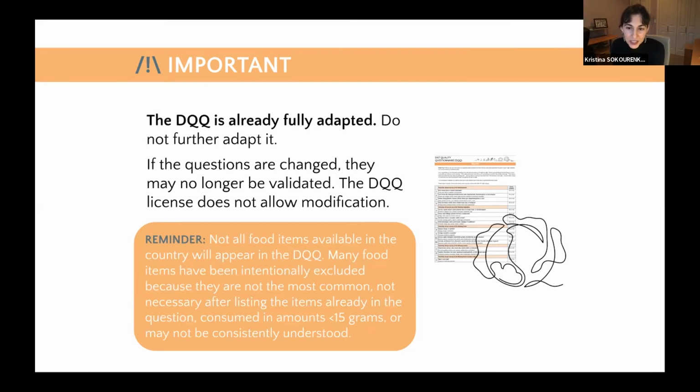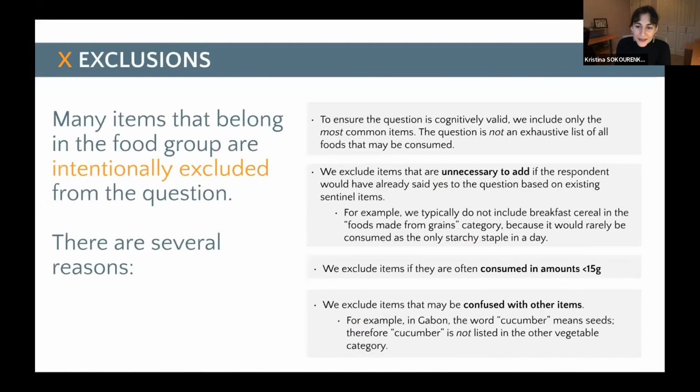When people suggest changes, we found that there is a chance they could be valid, but in our experience, there's a bigger chance that they either make the question too long or they add items that don't belong in the food group, or might be consumed in negligible amounts. We talked about condiments and herbs and garnishes. Therefore, they were intentionally excluded.